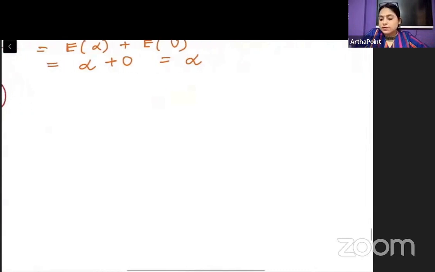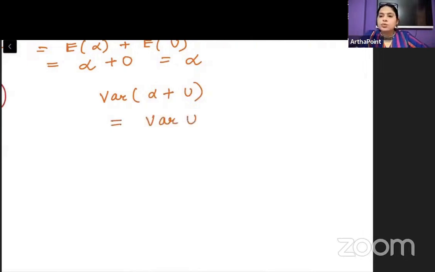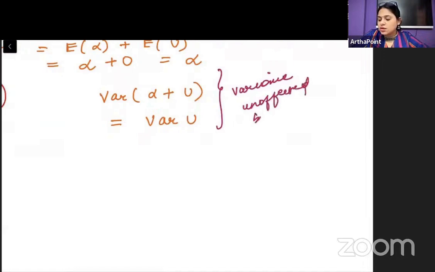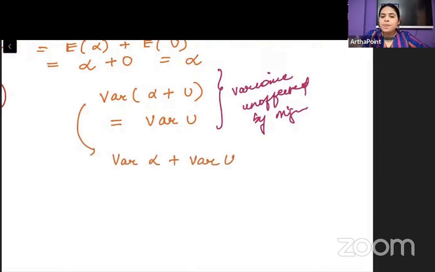Now let's talk about the variance of alpha plus u, right? This is simply going to be the variance of u. Why? Because variance is unaffected by origin. And if you find this difficult to understand, you can write this as the variance of alpha plus the variance of u, assuming there is nothing common between them.